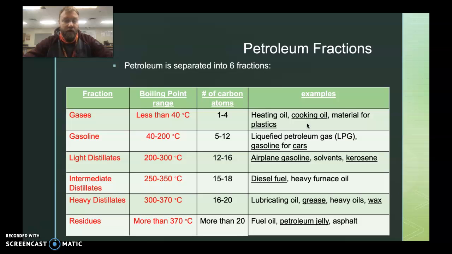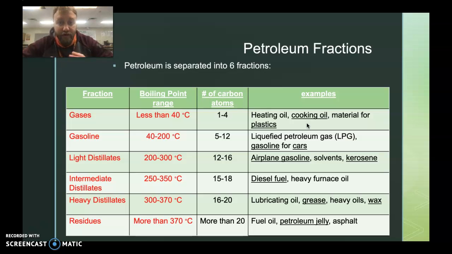A nice day is going to be around 20 degrees Celsius. Once you start getting to 30 degrees Celsius, that's quite a bit warmer. So we're getting above a hot day, and that's where you're going to get your gases. This is where you're going to get your different heating oils, cooking oils, and different materials for plastics. And generally, we're only going to have 1 to 4 carbons in there.